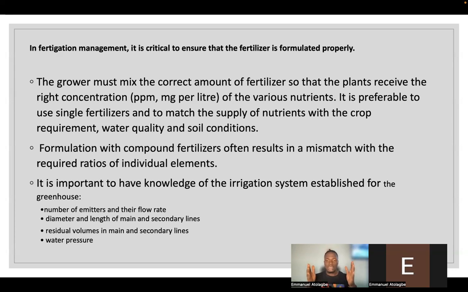The secondary lines are your typical drip tapes, drip tubes, porous pipes, while your lay flats can in some cases be pipes, maybe 1.5 inch or 2 inch, that carry water from your tank, the water source, or the nutrient source, as the case may be, whether you are doing nutrient solution or stock solution.